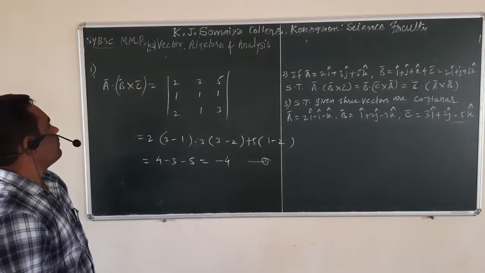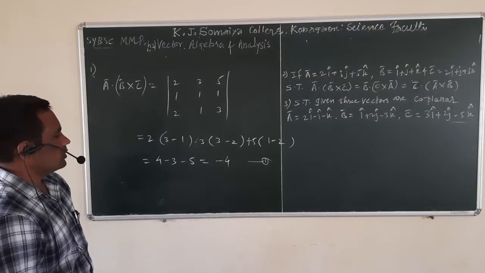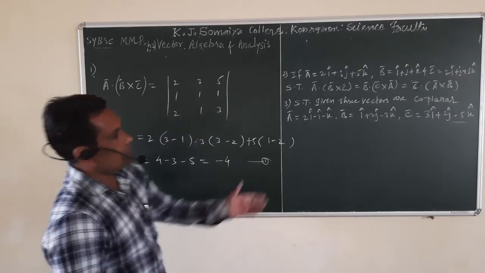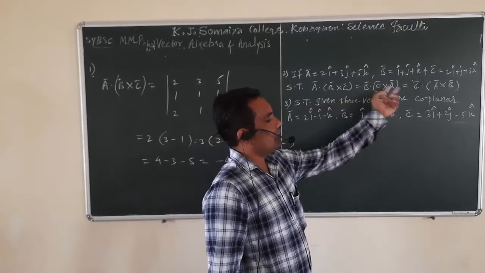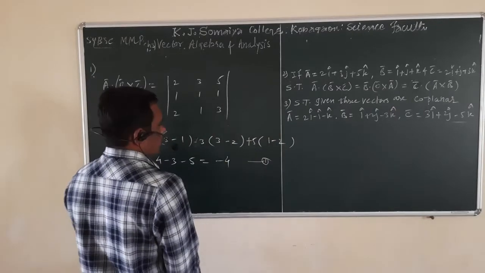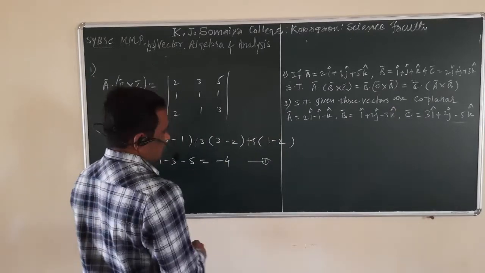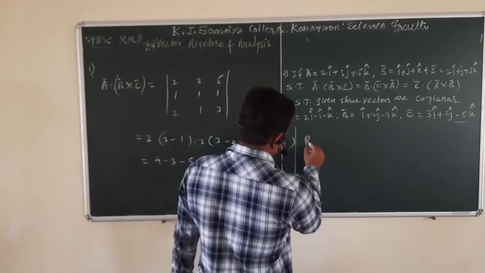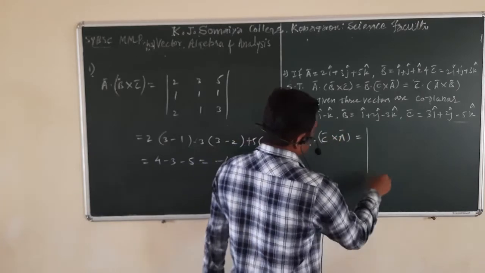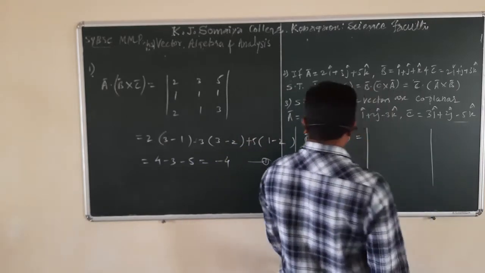Now we have to find out B dotted with C cross A. Okay, so if you take B dotted with C cross A, this is equal to determinant.